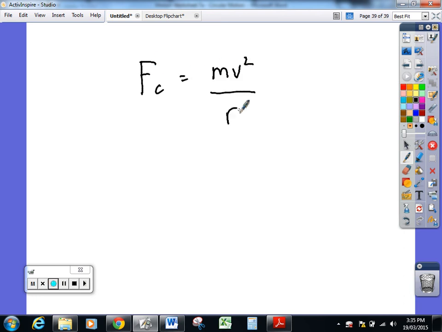So if this was, say for instance, 10, if the radius was 10, and the top was, just say, 100, then the overall fraction becomes 10. But if this is reduced down, say, to 2, then the whole overall fraction becomes 50.